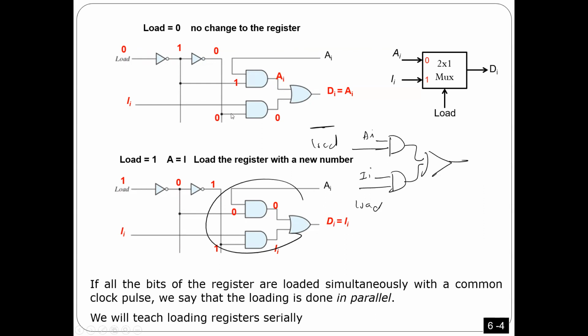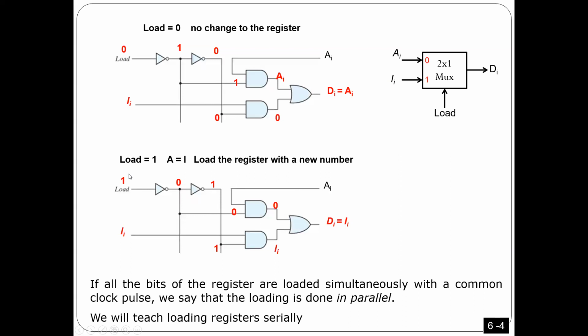And here is actually load prime. So load is going to come here, and load prime is going to come here. He put 2 inverters and something like that. Anyway, in case load is 0, I'm going to get here AI so that I make no change. The second case, when load is 1: I'm going to put here the inversion of load and the load here.